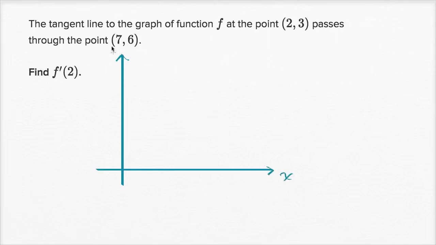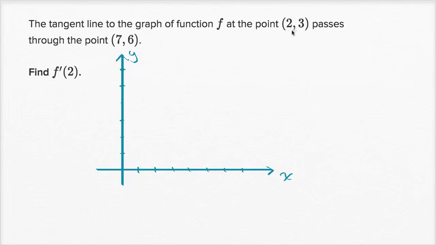So let me draw the information that they are giving us. So that's the x-axis, that is the y-axis. The relevant points here are (2, 3) and (7, 6). So let me go 1, 2, 3, 4, 5, 6, 7 along the x-axis, and 1, 2, 3, 4, 5, and 6 along the y-axis.